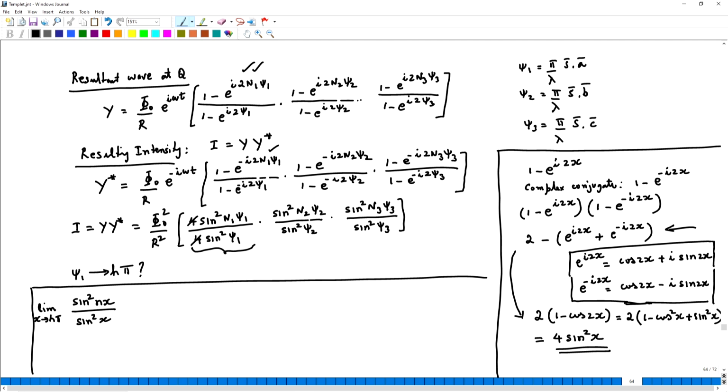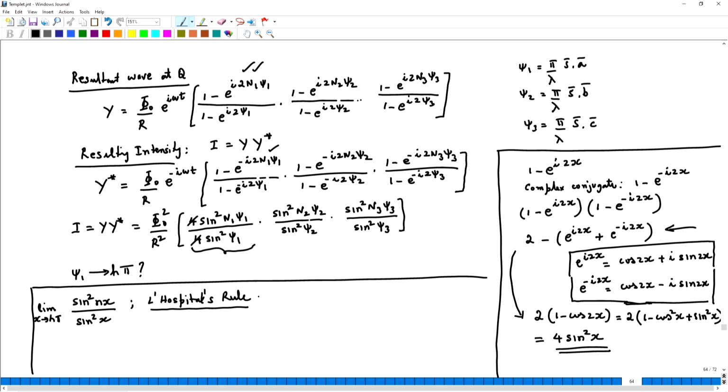So, here also let me just call it h pi. So, what happens here? In order to solve this, if I directly substitute h pi in this, I will get 0 upon 0, which is an indeterminate quantity. So, let us use the well known L'Hopital's rule. L'Hopital's rule means that you just differentiate the numerator and the denominator.